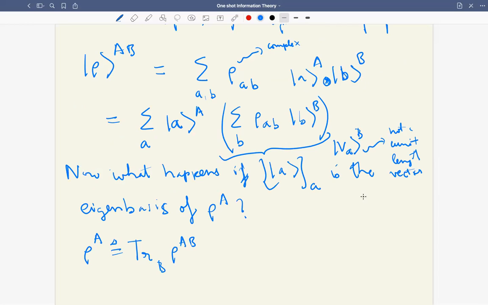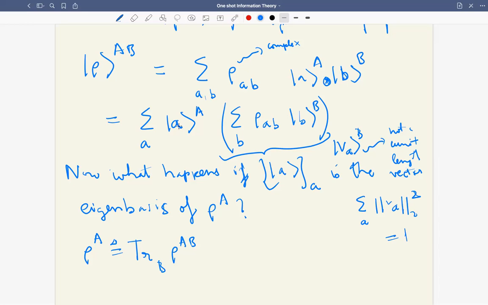So what I'm saying is that in fact I can even say more. If I add up the 2-norm squares of V sub A, it gives me 1. Is this clear? Summation over A of the 2-norm square of V A is 1.